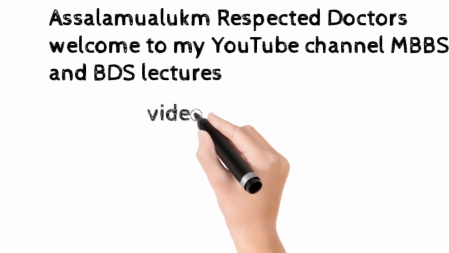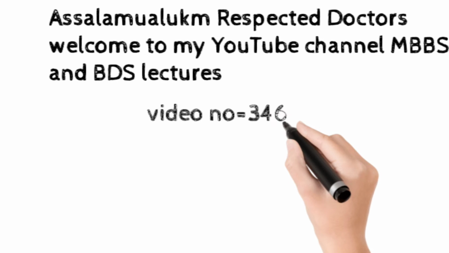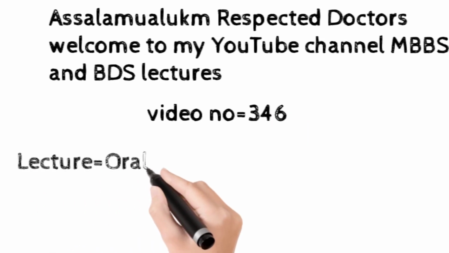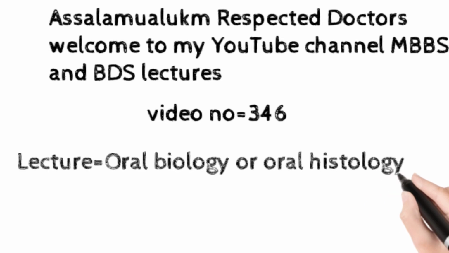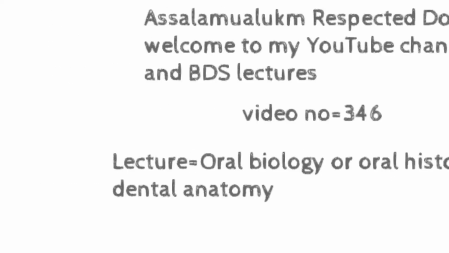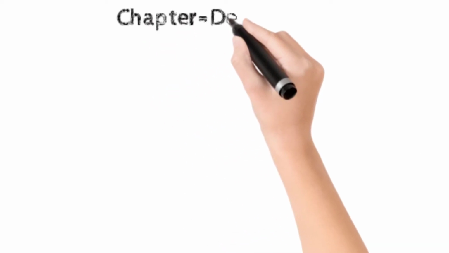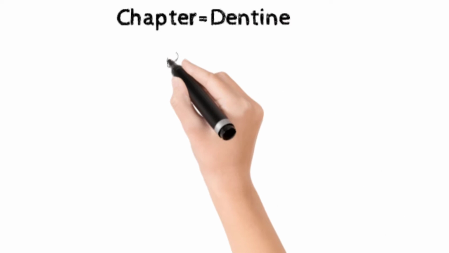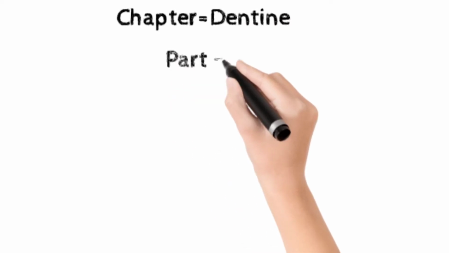Today's video number on our YouTube channel is 346. And today our lecture is related to oral biology or oral histology or dental anatomy. Now, this video is a continuation of chapter Dentin part 2.